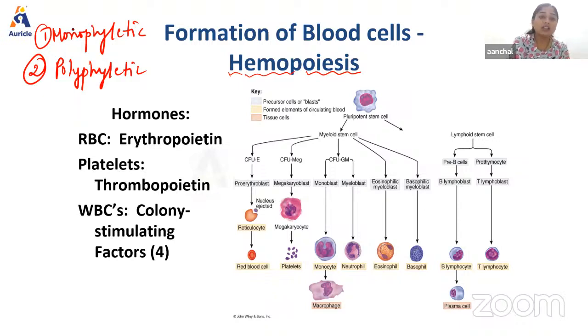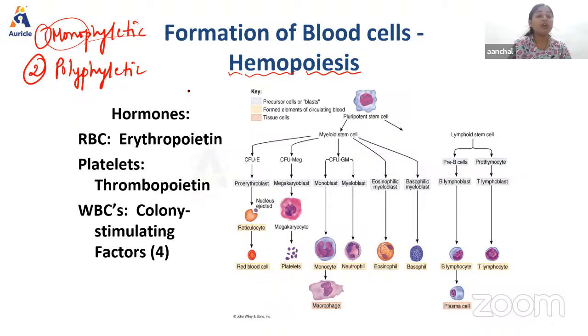As the name says, mono means single, so the monophyletic theory states that all the cells are derived from a single mother cell. As we can see in the picture, whether it is WBC, platelets, monocytes, neutrophil, B lymphocytes, or T lymphocytes, all the different types of cells are derived from the single mother cell, the single pluripotent stem cell.